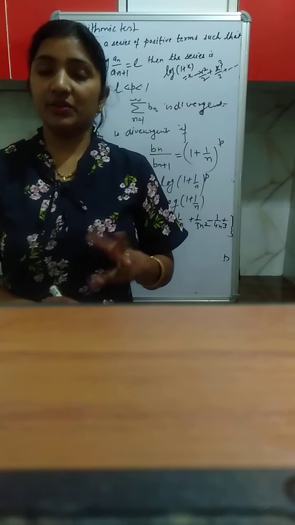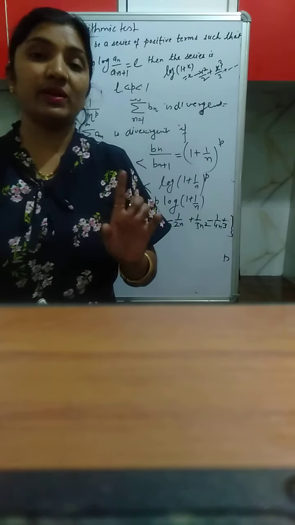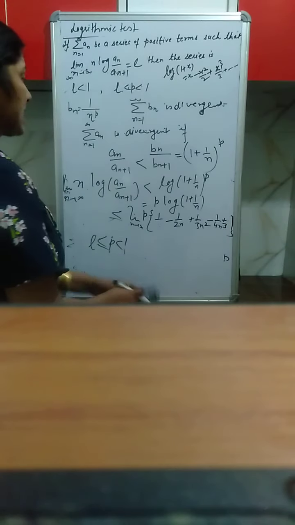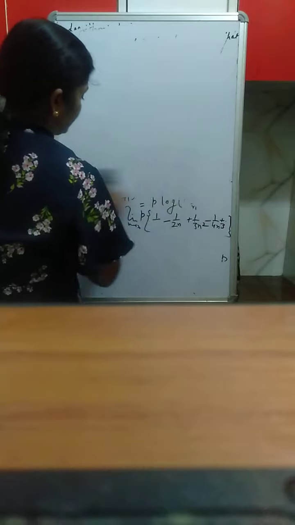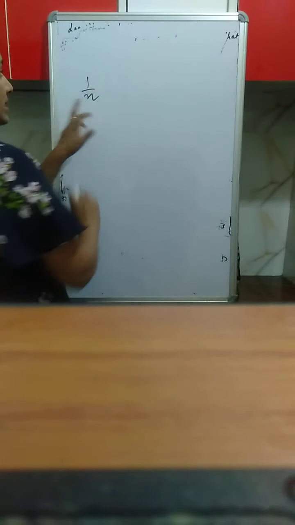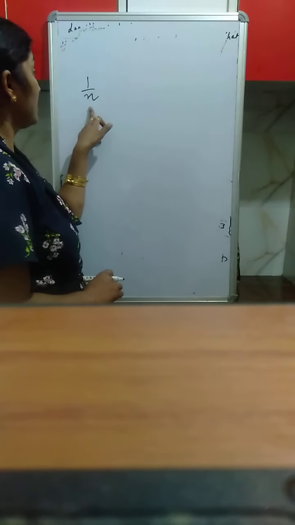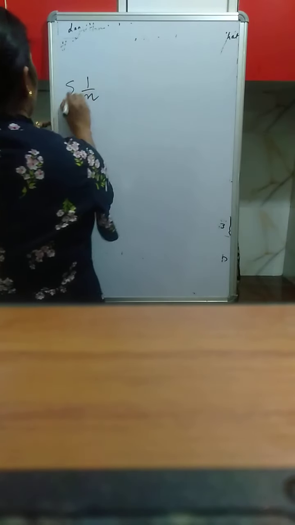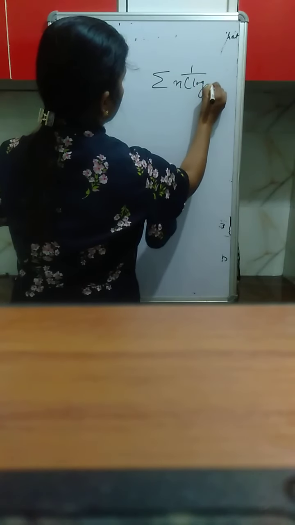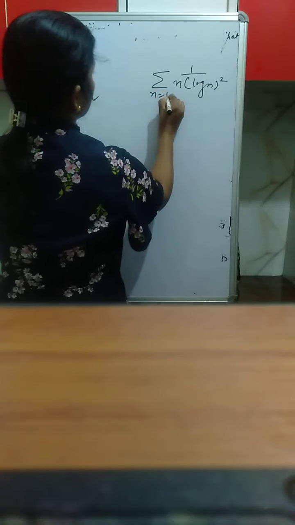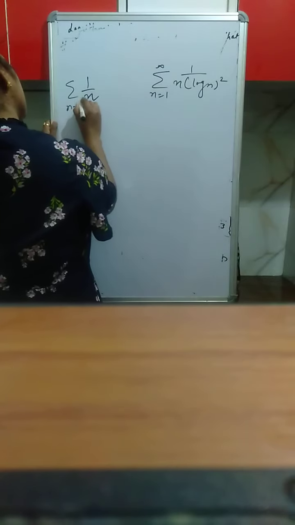You can consider when L is equal to 1, the test fails. You can take an example. You can check one series, you can easily verify it. Take one series 1 upon n, you know this is a divergent series, and another series you can take 1 upon n into log n whole square. This is a convergent series.